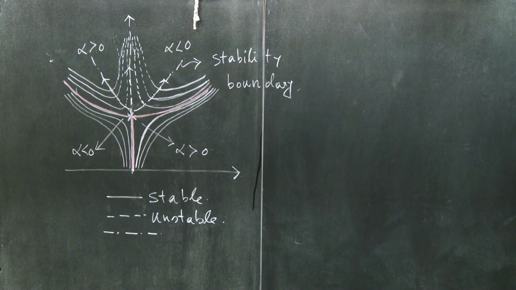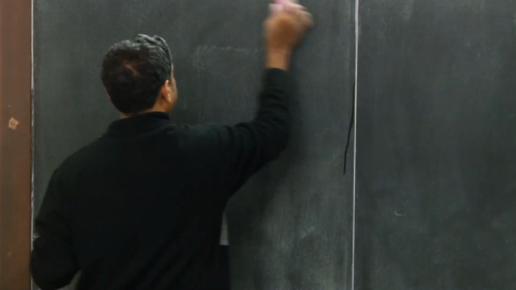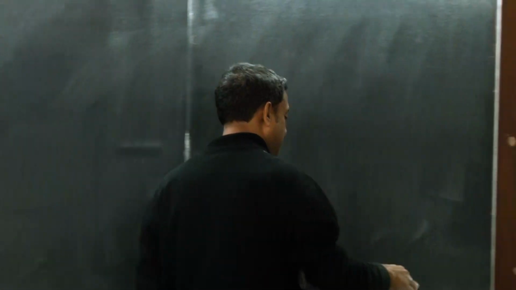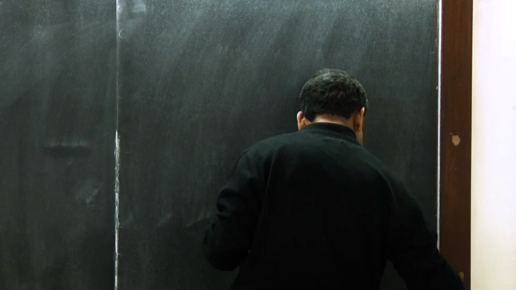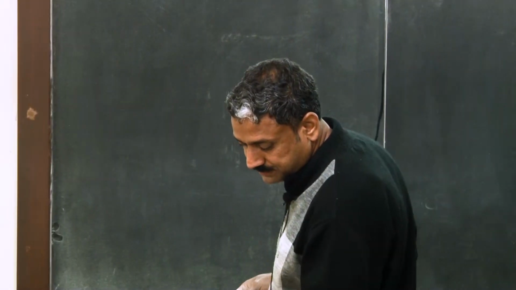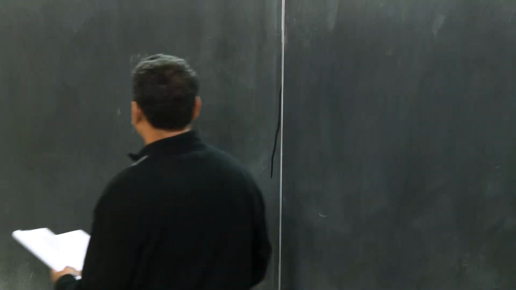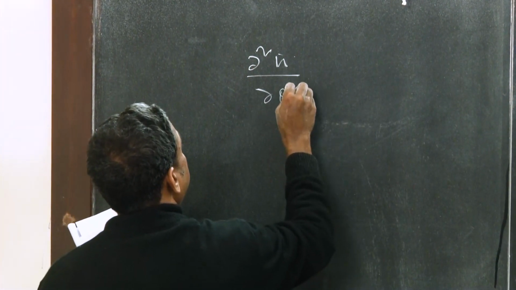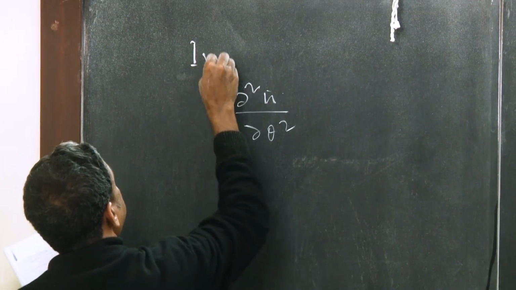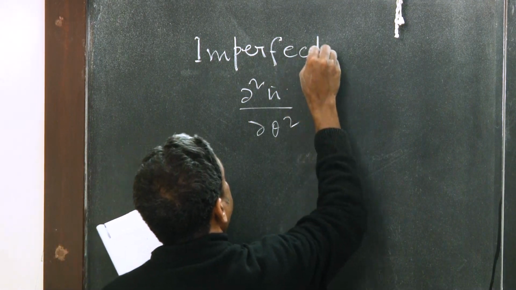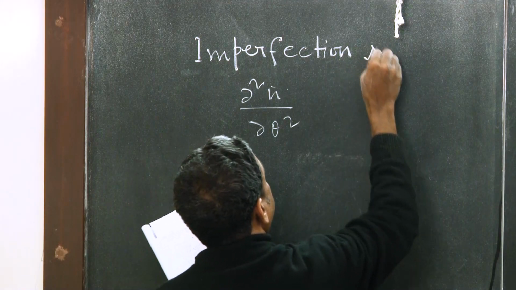Anyway, one more thing is still remaining, the imperfection sensitivity. So you please see the simple del 2 pi del theta 2. We are going to study the last aspect, that is imperfection, and I think it is most important, imperfection sensitivity.